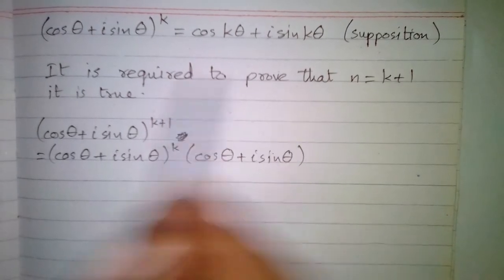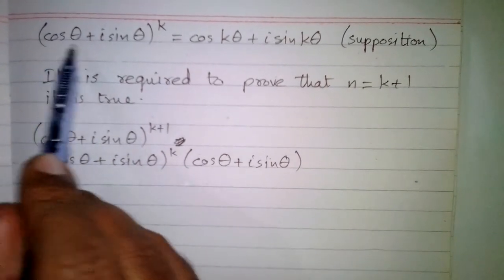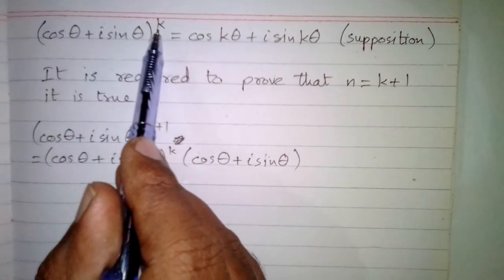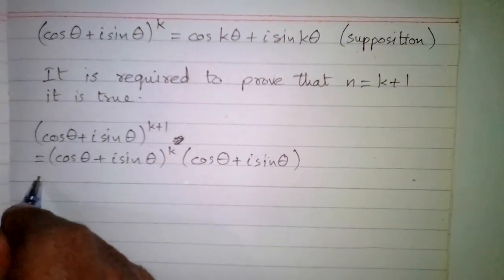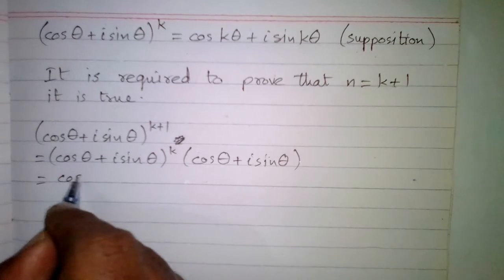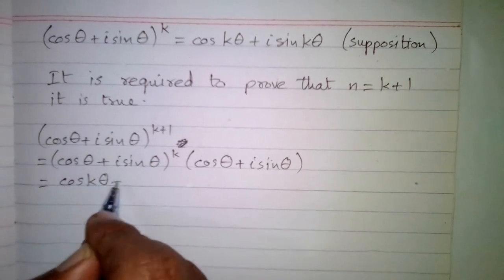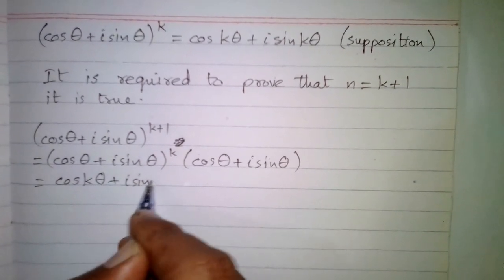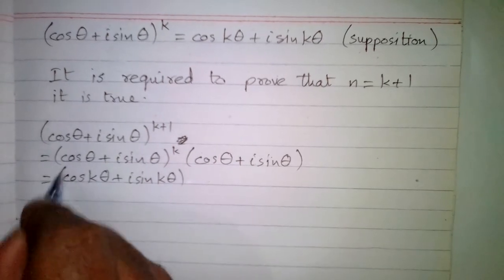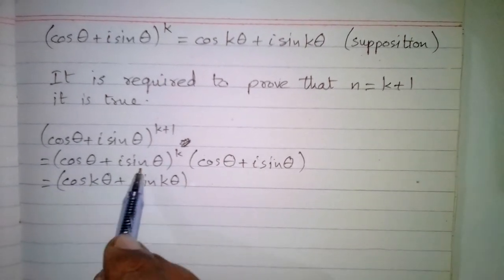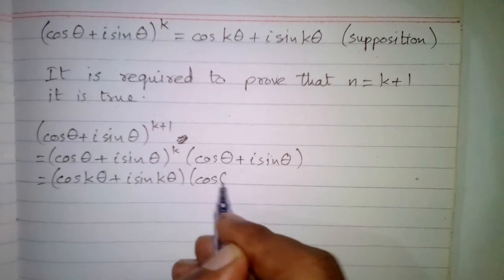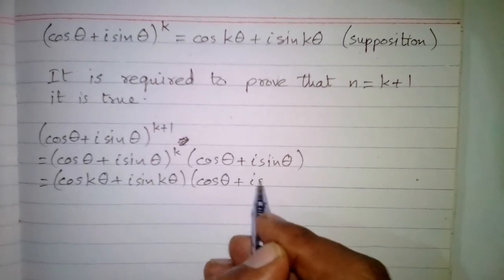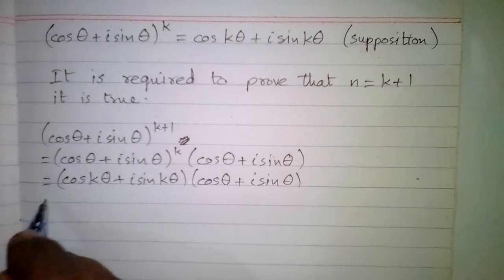Now we have supposed that (cos theta plus iota sin theta) raised to the power k is equal to cos k theta plus iota sin k theta. So we can write (cos k theta plus iota sin k theta) instead of (cos theta plus iota sin theta) raised to the power k, and then multiply it by (cos theta plus iota sin theta).